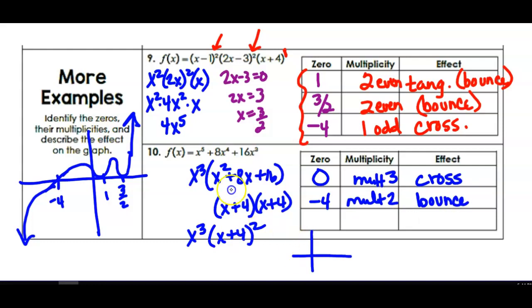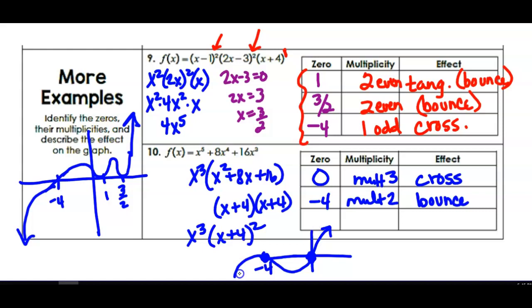So this was a degree 5 with a positive leading coefficient, and it had a 0 where it crossed and a -4 where it bounced. Because it's degree 5, it comes from the left, so it's going to bounce here and it's going to cross here.